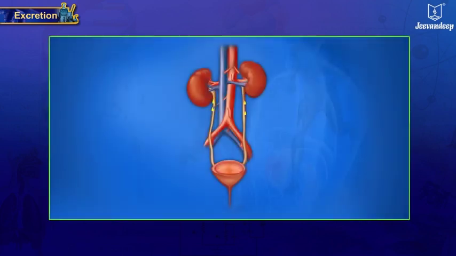The urine, thus formed, eventually enters the ureters and ultimately reaches the urinary bladder. Urine is stored for some time in the urinary bladder and periodically thrown out of the body through the urethra.